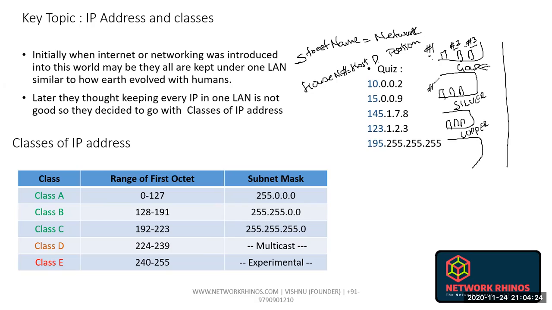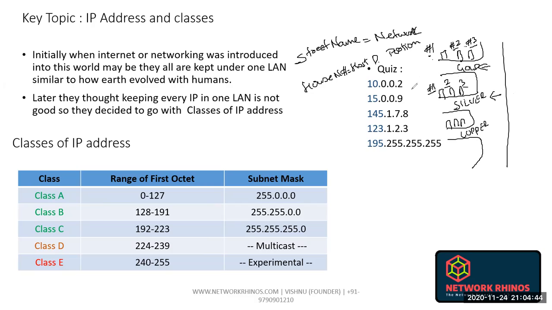Now this house number 1 is in Silver Street. House number 2, Silver Street. House number 3, Silver Street. So when you write the address of house number 1, 2, and 3, if all these three houses have the same street name, you can tell they belong to same street.